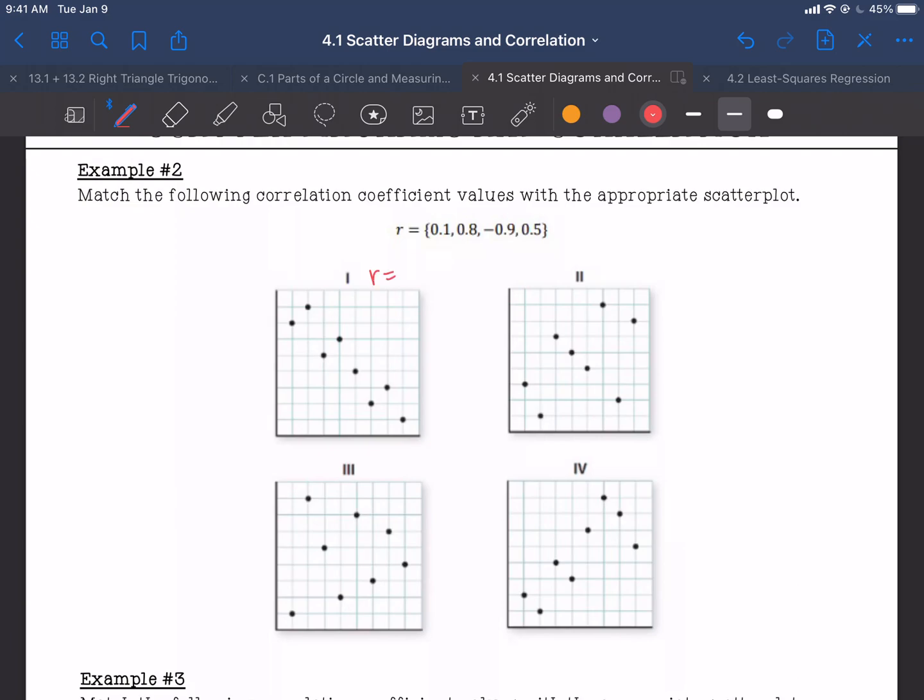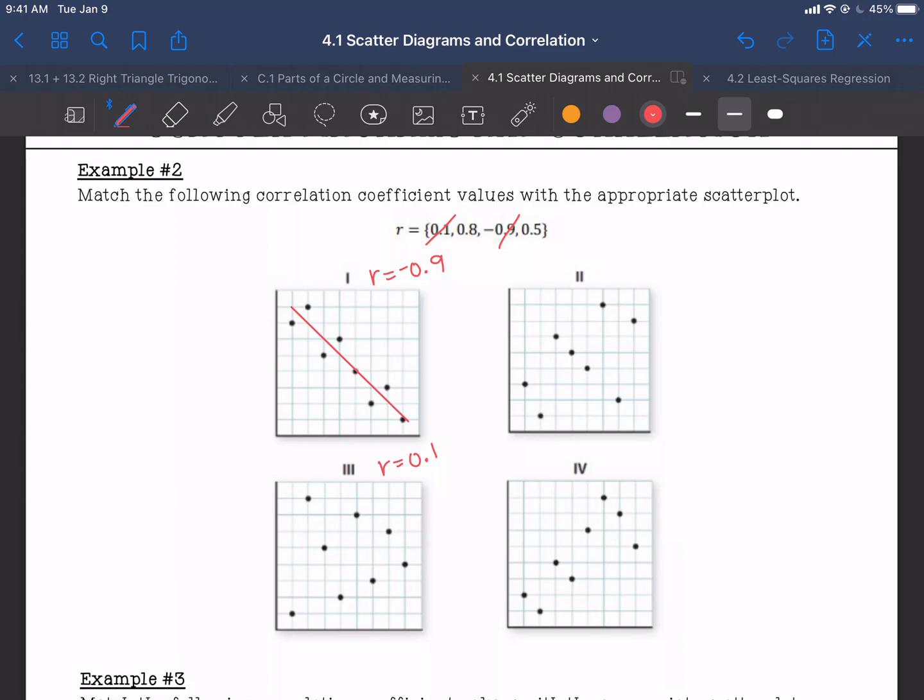So this would match up with R equals -0.9, and that has a strong negative linear relationship. And then if I look at which graph looks like it doesn't have any relationship, that would be graph number 3. So I would say maybe that has an R value of 0.1 because that's the closest to 0.